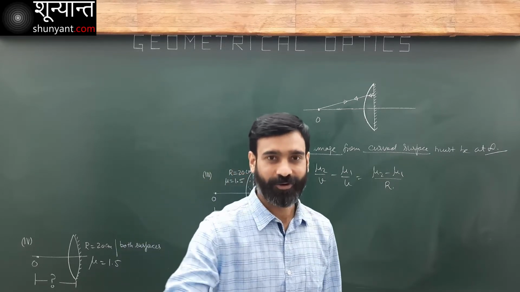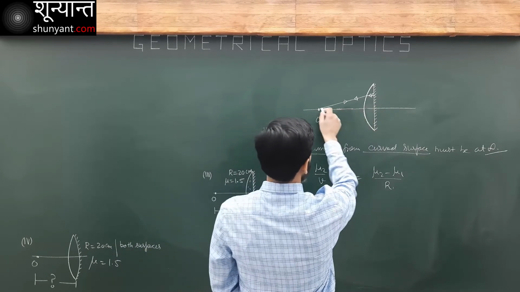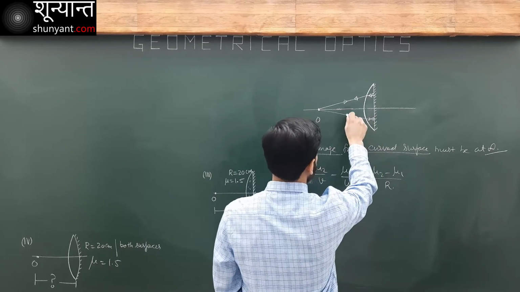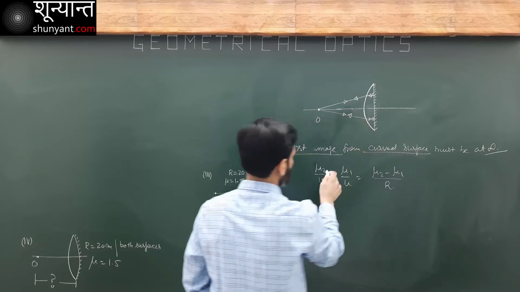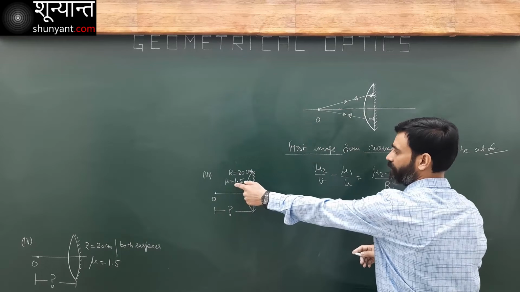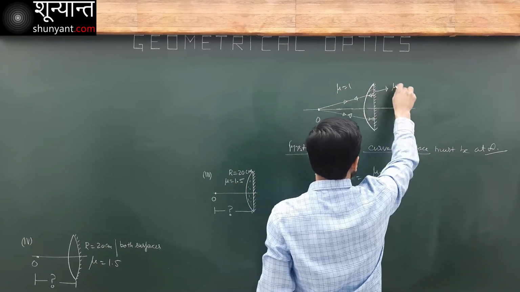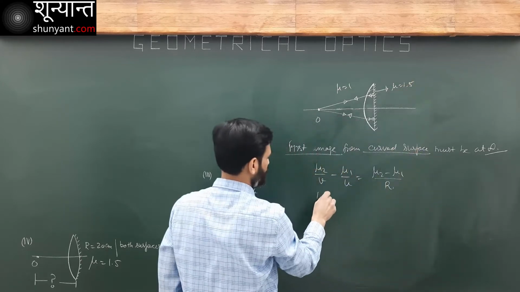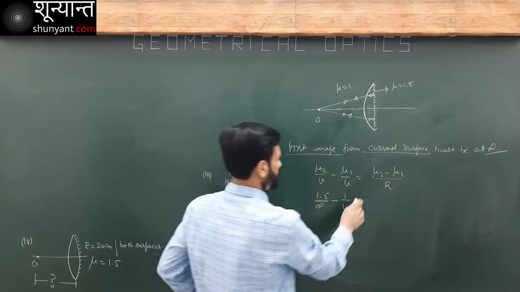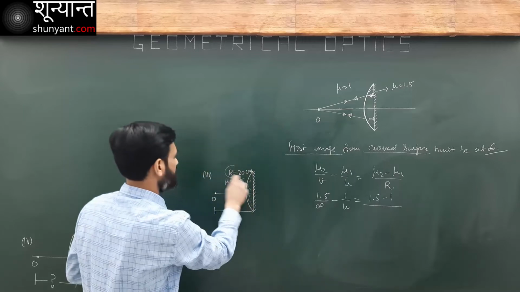Are you able to follow all of this? That's how my final image will coincide with the object. Now this is mu2, it is given already, 1.5. Mu is 1 here, and here the lens medium is 1.5. So 1.5 over infinity minus 1 over u is equal to (1.5 minus 1) over the radius, 20 centimeters.